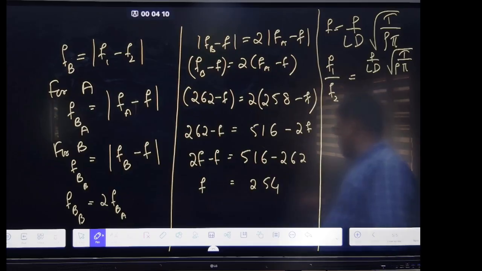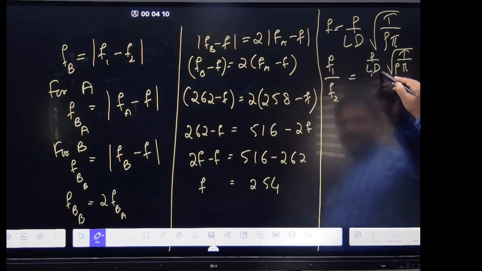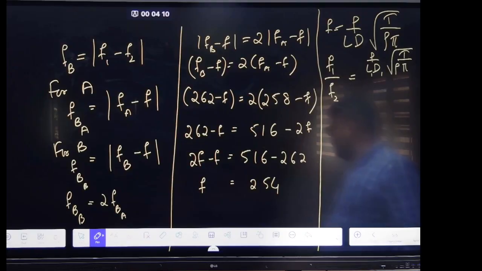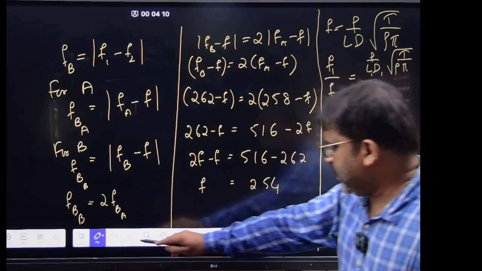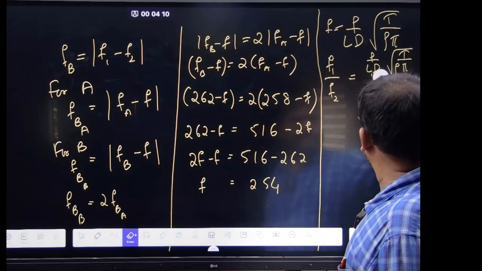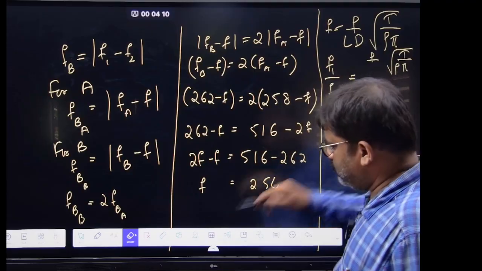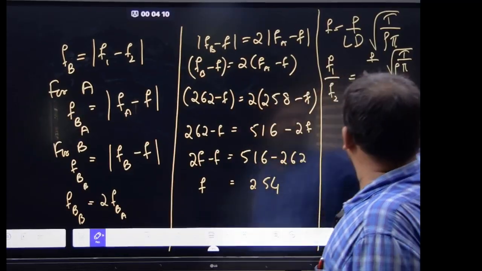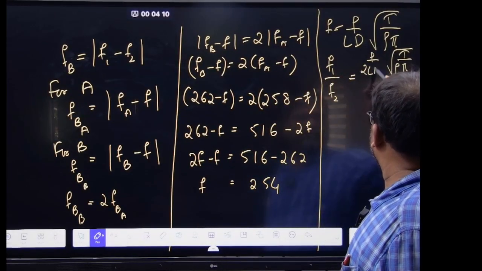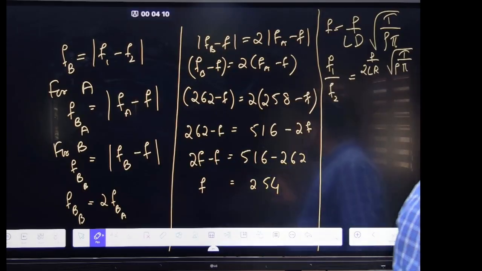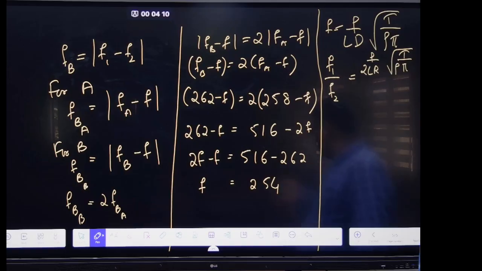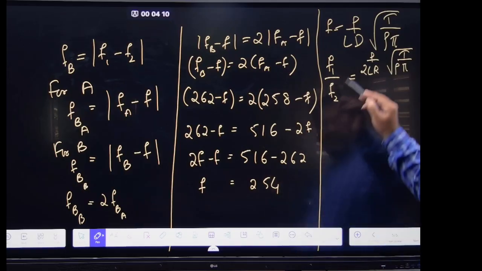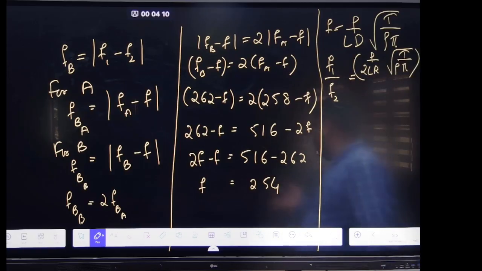But according to the question, L is changing, length is different, D is changing, that means radius is different. So instead of D, we can write this as 2 into R, because we know diameter is 2 times radius. Even if we don't do it, not an issue.